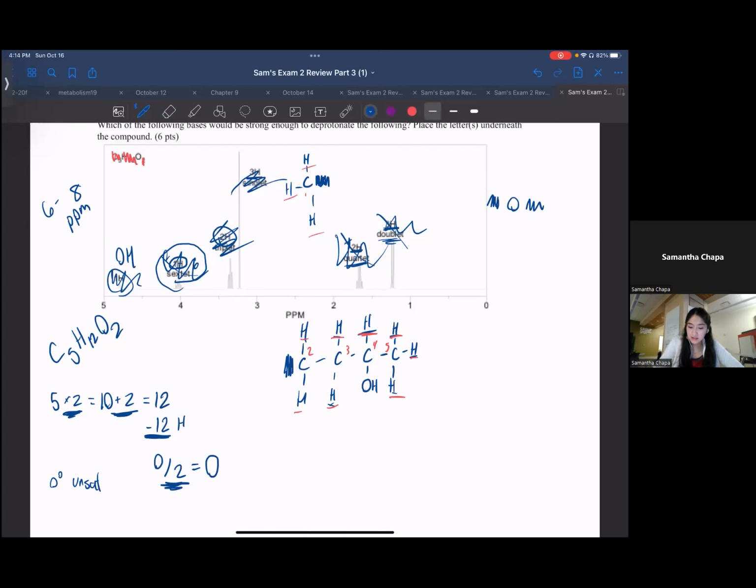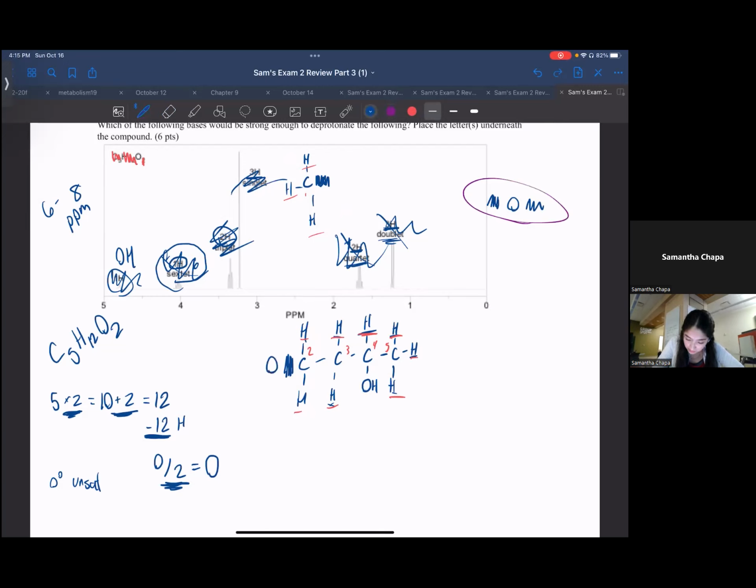The second thing I can do is, I know I can't attach this site right here because it would make this group a 1, 2, 3, 4, 5, a sextet. So we would have 2 sextets, and we don't have 2 sextets in our entire NMR. So we can't attach those together. So what I'm thinking is I'm going to attach this right here.